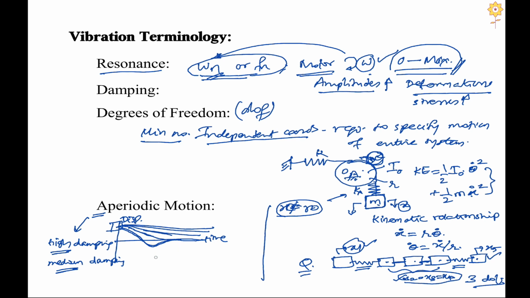So the point to remember here is there is no single cycle of oscillation or vibration. So what does it mean? There is no omega as such, right? So omega exists only if there is one cycle of oscillation. Hence, if there is no omega, there is no time period also, right? So this indicates a negative prefix A. So aperiodic motion is a motion where there is not a single cycle of oscillation.